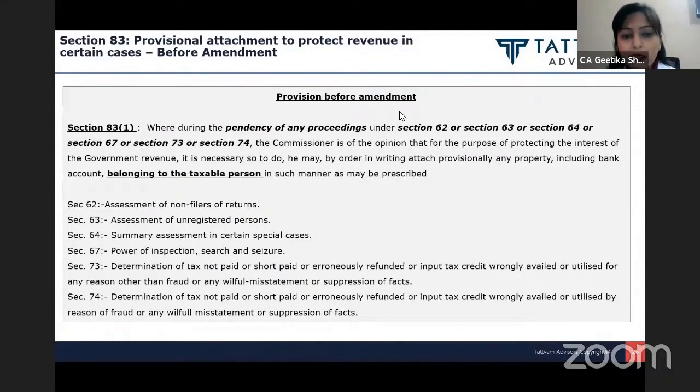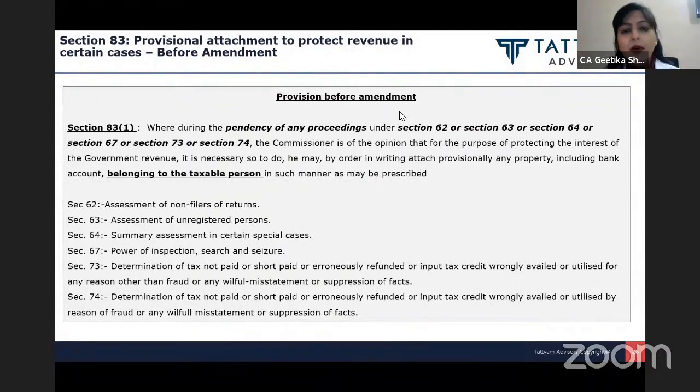Now, what started happening is that the tax authorities started attaching properties left, right, center, even of third persons, when the law was very clear that they should only approach the person against whom the proceedings are pending. The business partner of that person or any other third party who is dealing with this person against whom a proceeding is pending should not be roped into these kinds of inquiries.